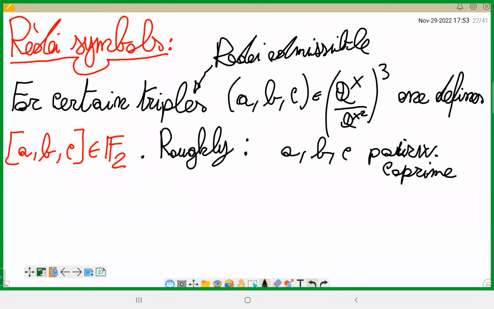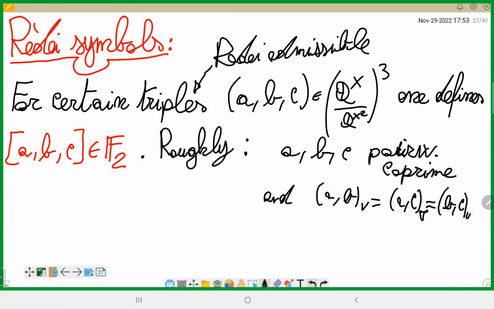But for such a decent triple, one defines the value of the Rédei symbol, which is a bit in F2, so either 0 or 1. Roughly, A, B, C are pairwise coprime, and the Hilbert symbols of A, B, A, C, and B, C are all 1 at every place.